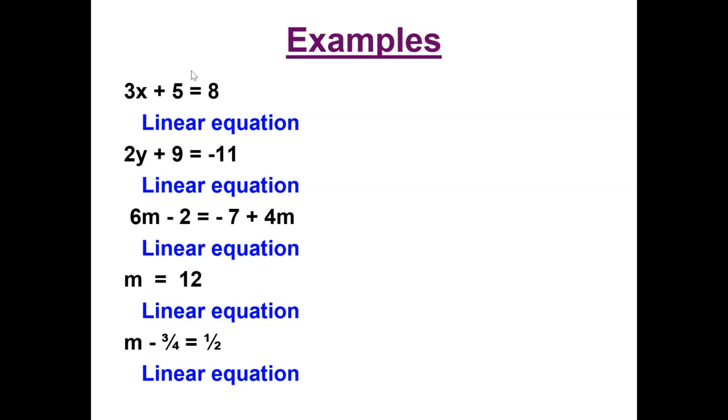On the right side of the screen, I will show you the ones which are not linear equations. x squared plus 4 equals 9 is not a linear equation because the power on x is 2. For a linear equation, the highest power allowed is 1. 8 over y equals 5: the second restriction is that you cannot have the letter underneath the denominator.